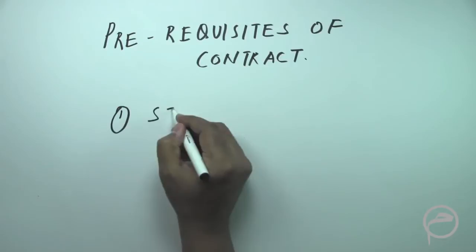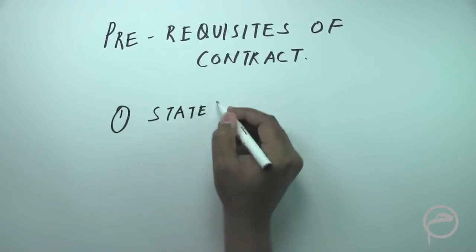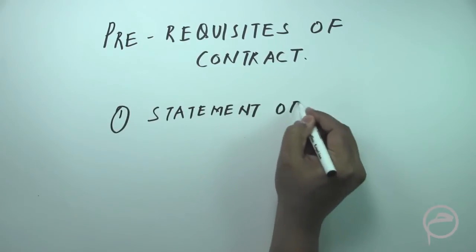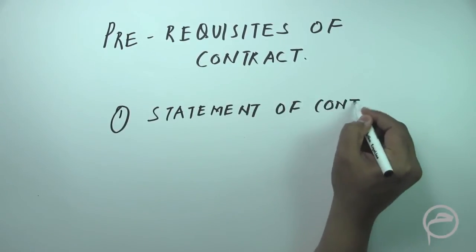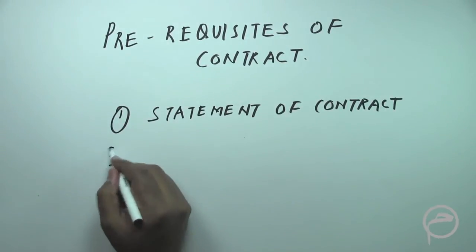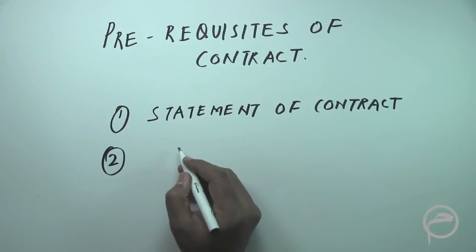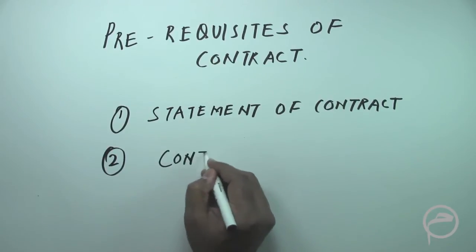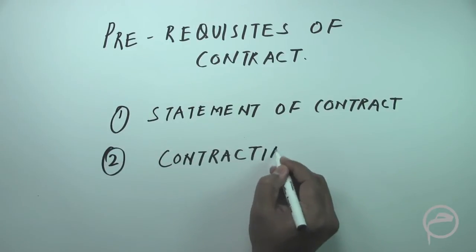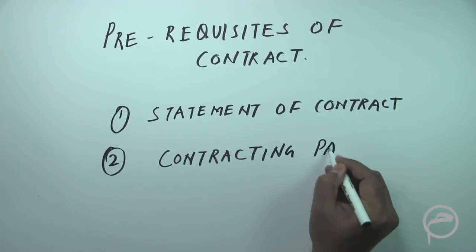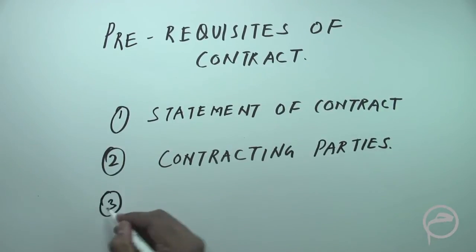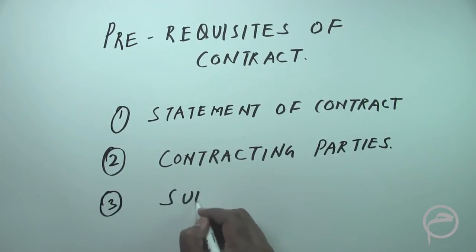The first is the statement of contract. The second is the contracting parties. The third is the subject matter of the contract.